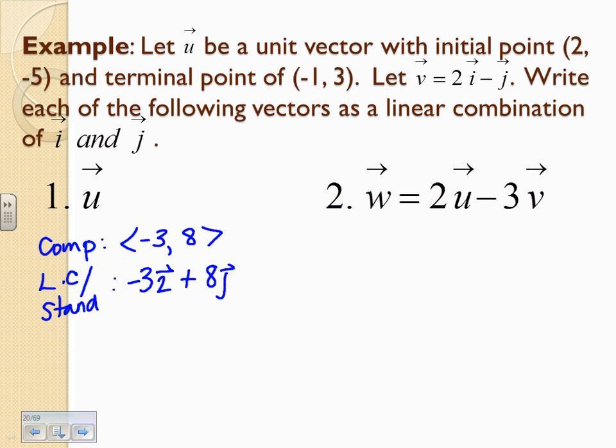So b was given as a linear combination right here. Right? If you want it in component form, what would that be? No, it's still there. Okay. Does that help?